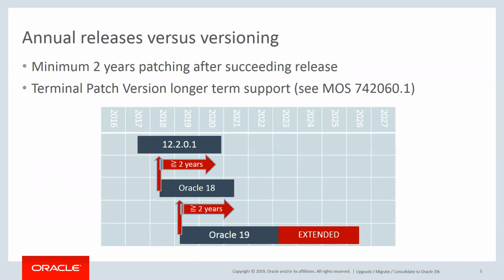The final version inside the 12.2 family will be Oracle 19, so Oracle 19 will be supported for a longer period, and there will also be an option to have extended support for Oracle 19. So Oracle 19 is the one that everybody should basically go for if you want to upgrade.